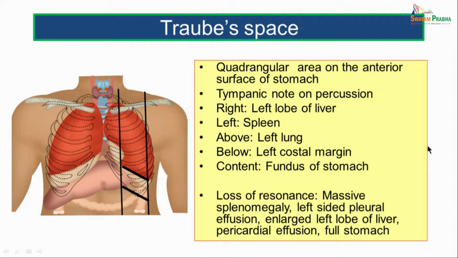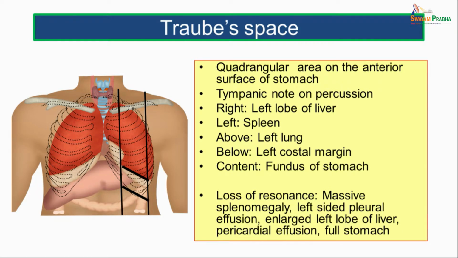Moving on, let us now see what is the Traube's space. The Traube's space is a quadrangular area which is seen on the anterior surface of the stomach. On percussion, we get a tympanic note in this area. Now, what are the boundaries of this Traube's space?